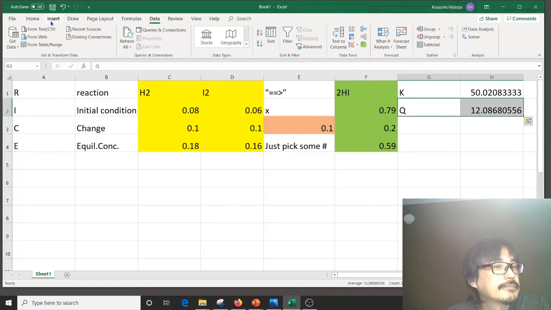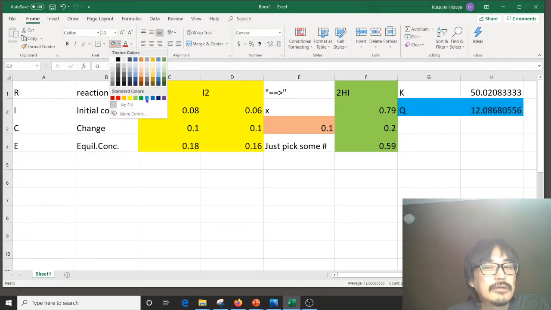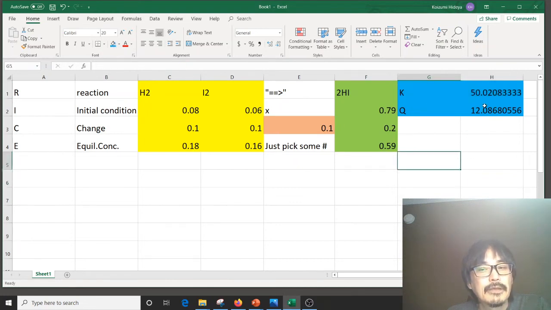So let me just try to write out these things right here, and it will approach this value right here. So the key here is that number right here.